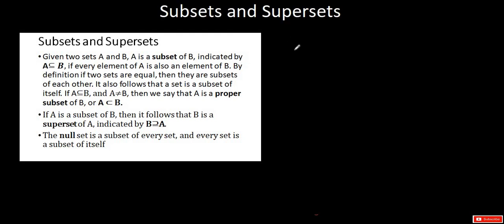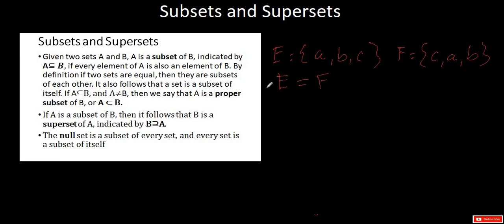Suppose we have set E containing the elements A, B, and C, and we have set F containing the elements C, A, and B. Examine every element of set E and every element of set F. Do the two sets have the same elements? Yes, the two sets have the same elements, so therefore the two sets are equal. Set E is equal to set F.